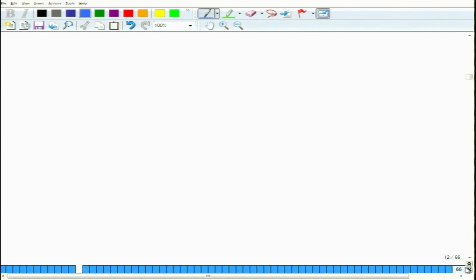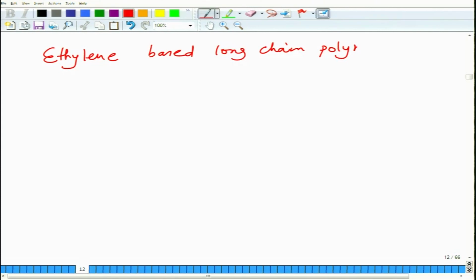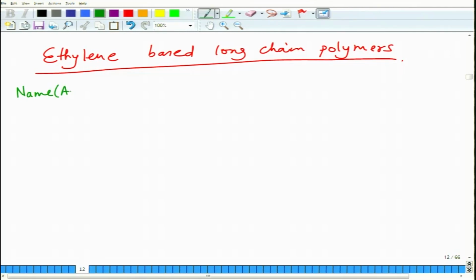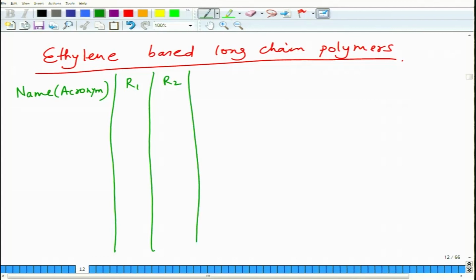So, if I make a classification of ethylene based long chain polymers, let us first define the name, the acronym, and then let us choose the groups R1, R2, R3 and R4.